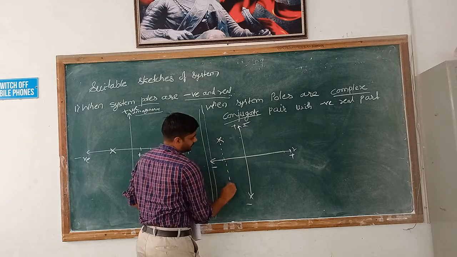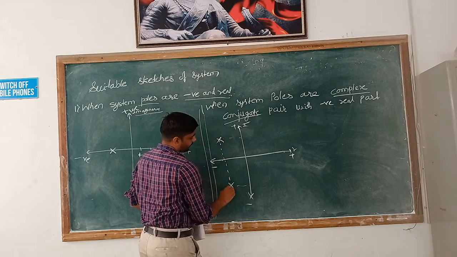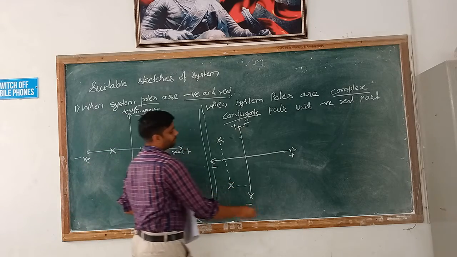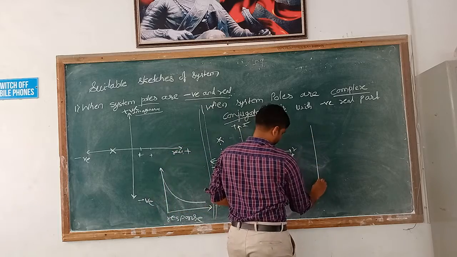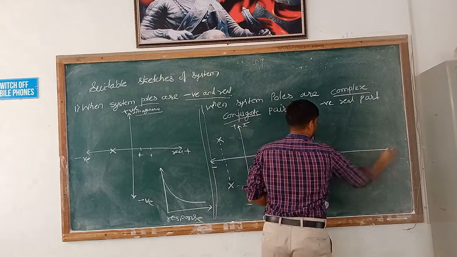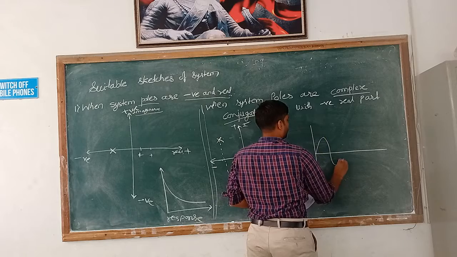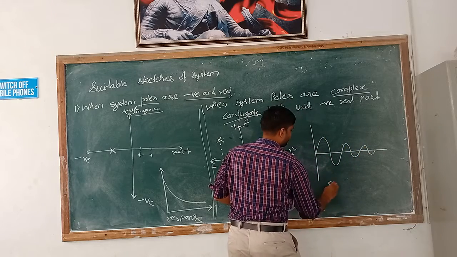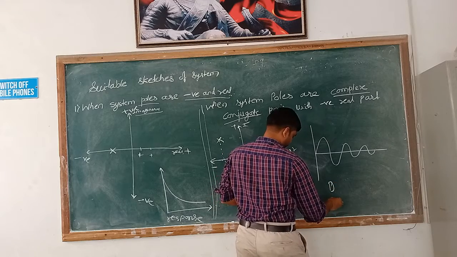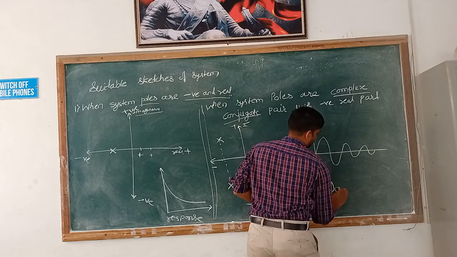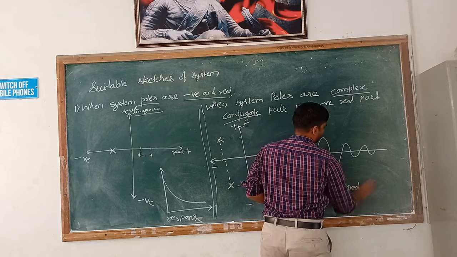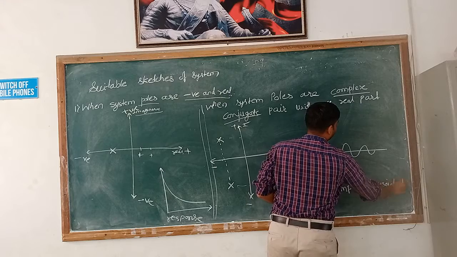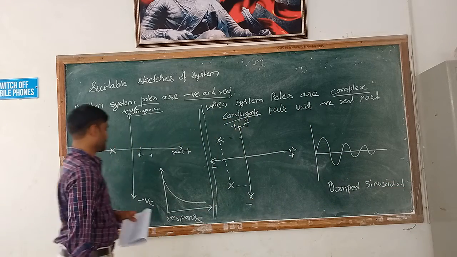One pole will be here, and if the imaginary part is negative, then the position of the pole is like this, and the response of the system will be like this. The response is a damped sinusoidal wave. Sinusoidal means it has a sine curve.